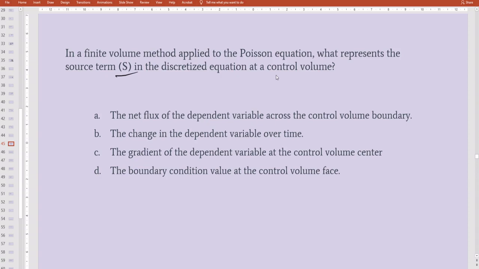Options are: A, the net flux, that is influx minus outflux, of the dependent variable across the control volume boundary. Option B, change in the dependent variable over time. Option C, the gradient of the dependent variable at the control volume center. Option D, the boundary condition value at the control volume face.